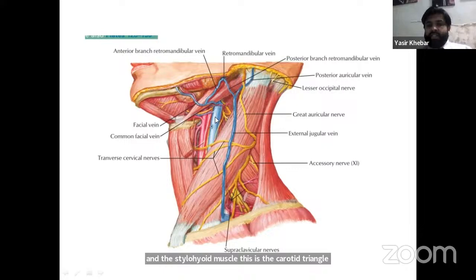Within it lies the carotid sheath, and the structures of the carotid are very easy to identify now. And medially, we have got this internal carotid artery and the external carotid artery. This one is the external carotid. This structure that is located deep is the internal carotid, and this is the vagus nerve that is traveling.